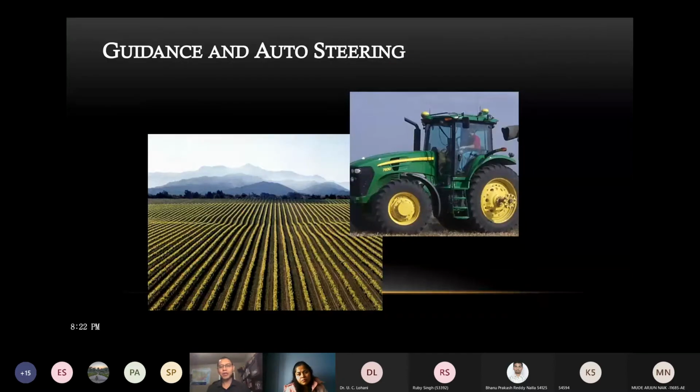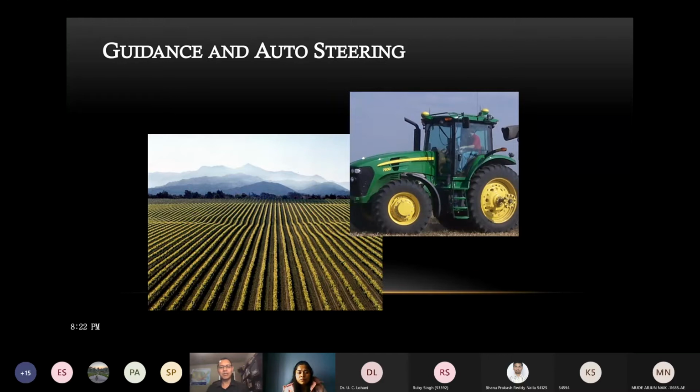In addition to those mechanization or mechanized systems, we have also developed and adopted automated systems such as guidance and auto steering for tractors. These kinds of GPS guided tractors have been commonplace in farming operations around the world these days.